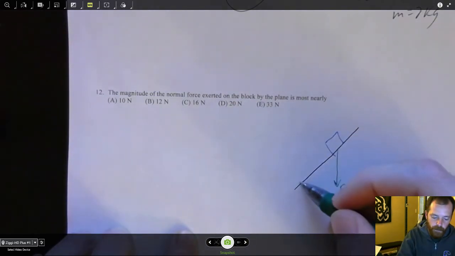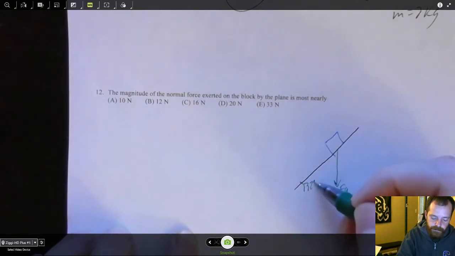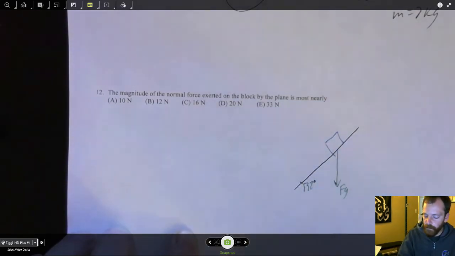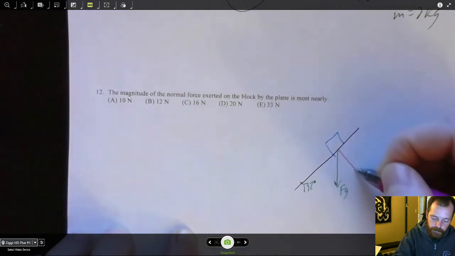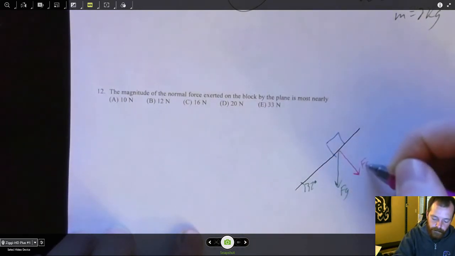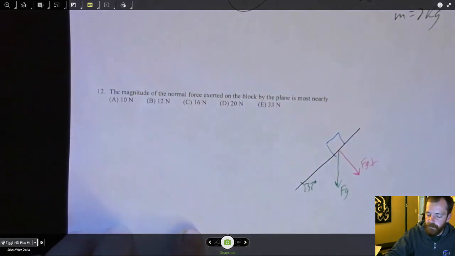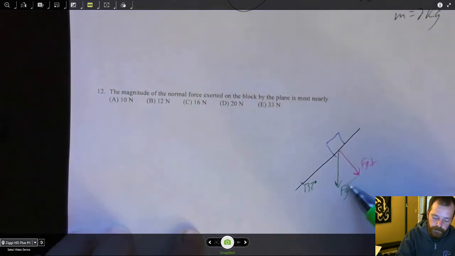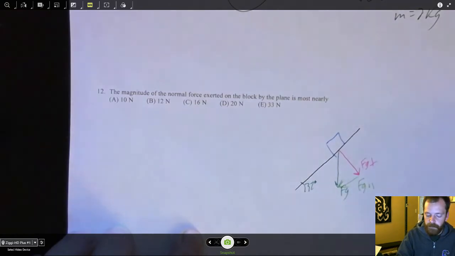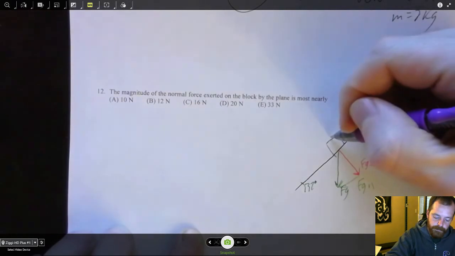And we know here, if this is 37 degrees, that the weight I can split up into two parts. I can split it up into a perpendicular component, FG perpendicular, and a parallel component, FG parallel. Now, the normal force, I know, goes perpendicular to the surface.